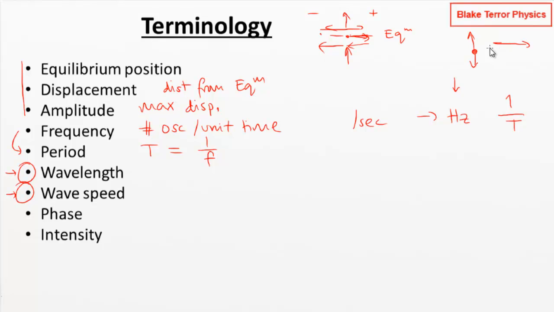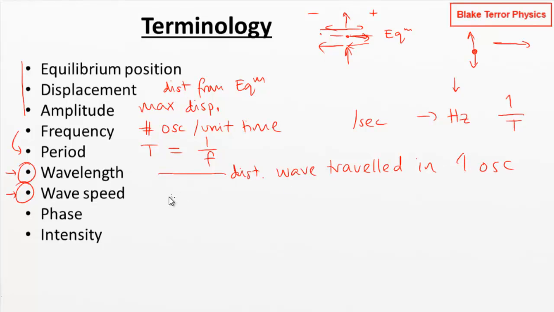So how far the wave has moved will be different to how far the oscillator has moved. The speed of the wave will be different to the speed of the oscillator. So for the wavelength, this is the distance that the wave has traveled in 1 oscillation.